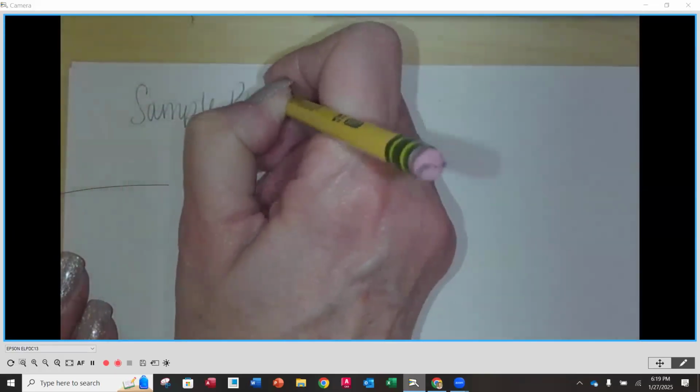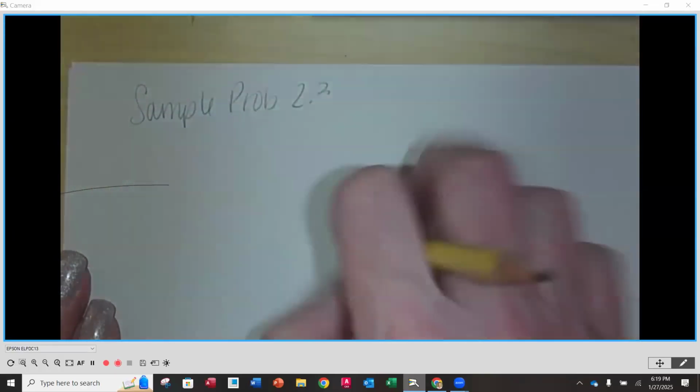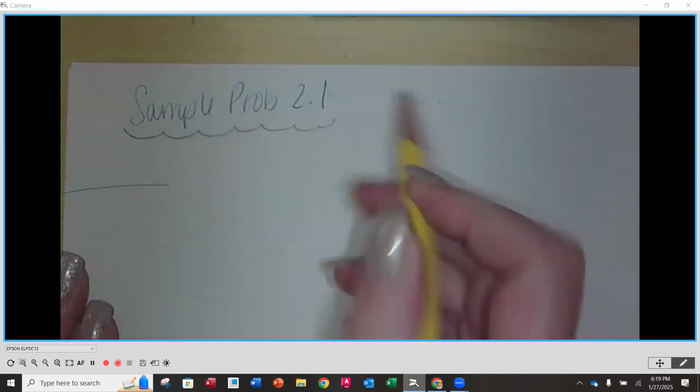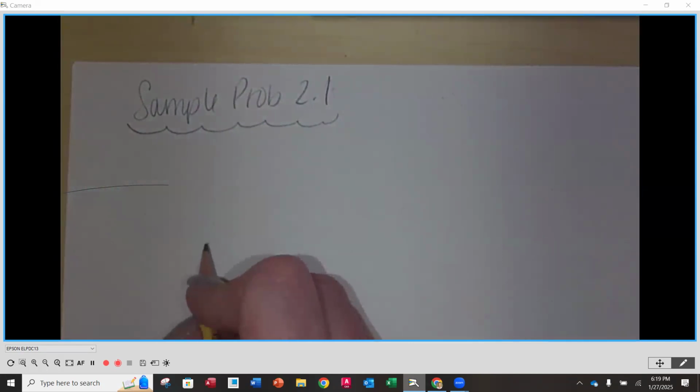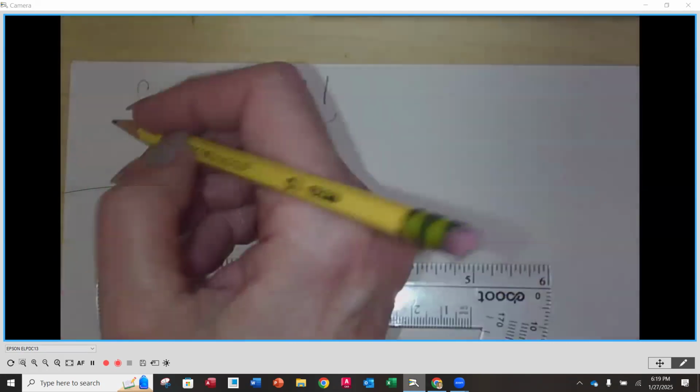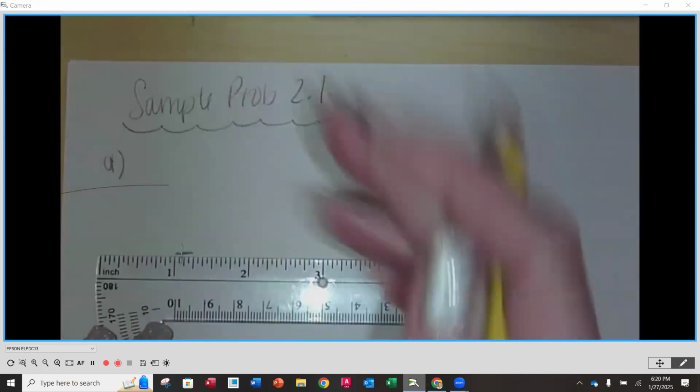First things first, I'm going to call this sample problem 2.1. And we want to draw, they're using point A. We want to find the resultant, right? So this is going to be part A.